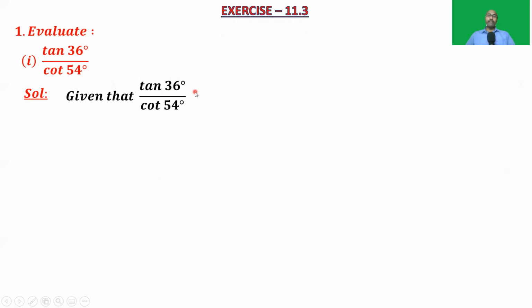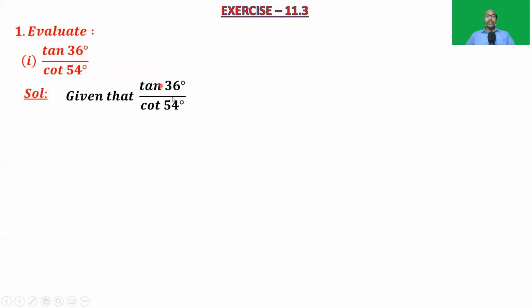We don't know the value of tan 36 degrees and cot 54 degrees. But we can observe that these two angles are complementary, because the sum of 36 degrees and 54 degrees is 90. So 36 degrees and 54 degrees are complementary.